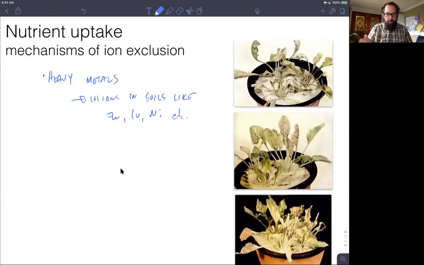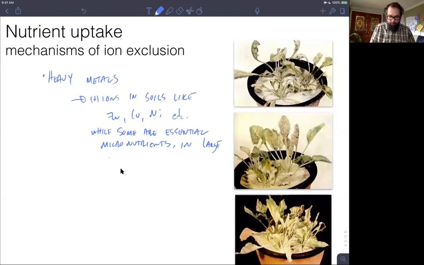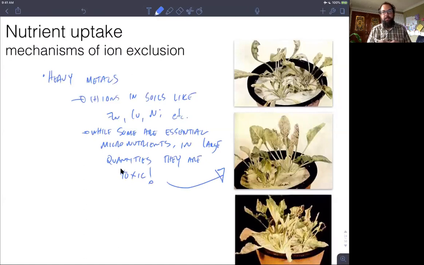While some of these are essential in small quantities, so micronutrients, in large quantities they're toxic and create really bad results. Because of that, there are both passive and active mechanisms for excluding these.